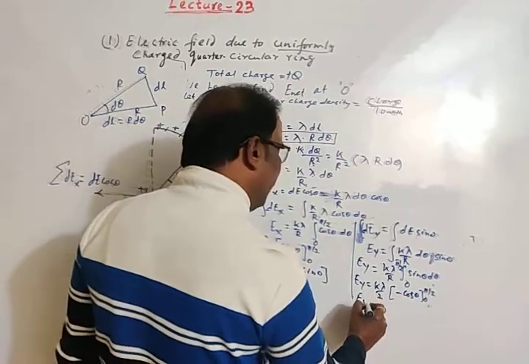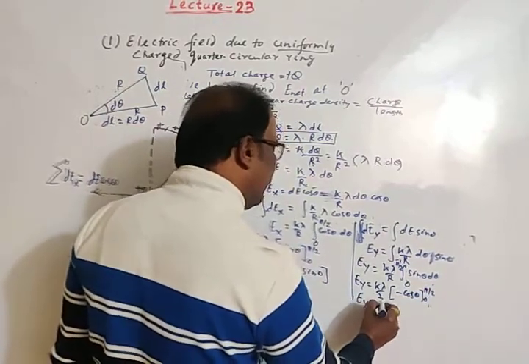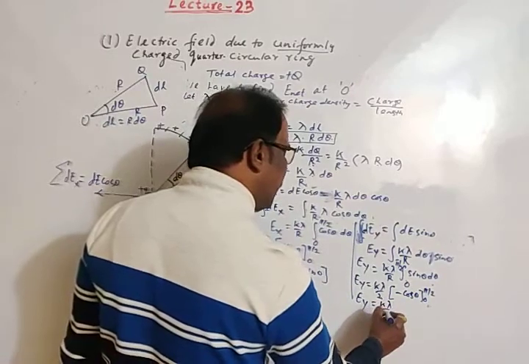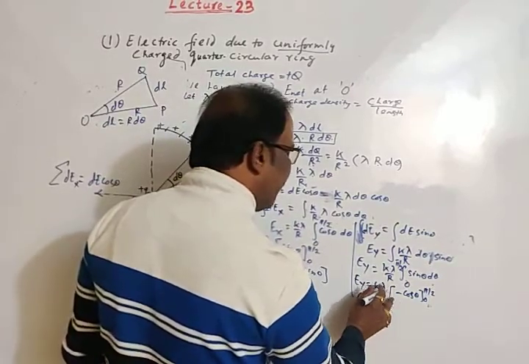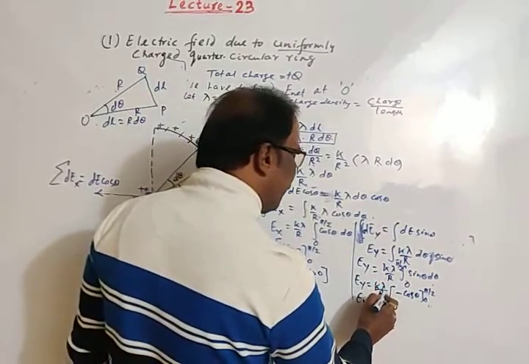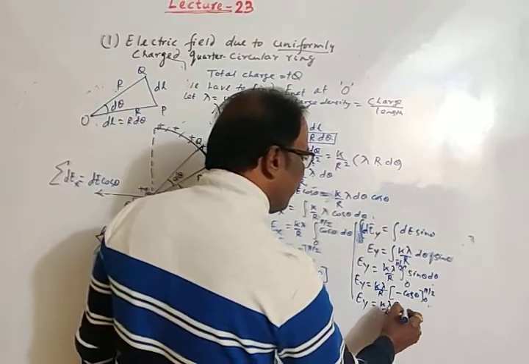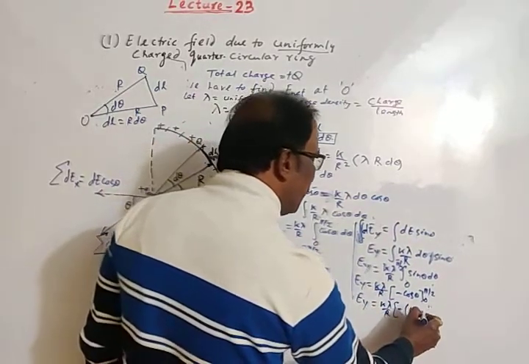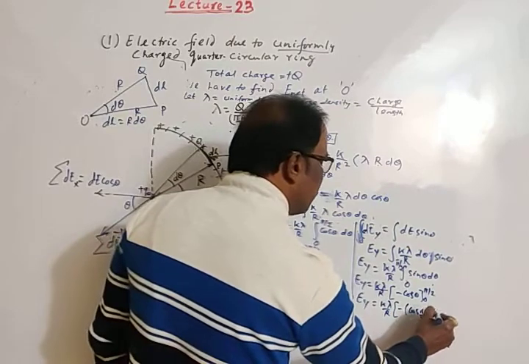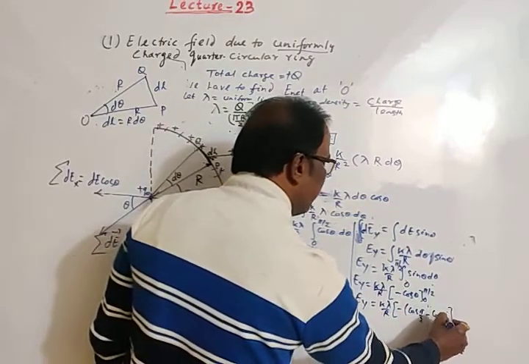Then Ey is k lambda by r, minus cos pi by 2 minus cos 0.